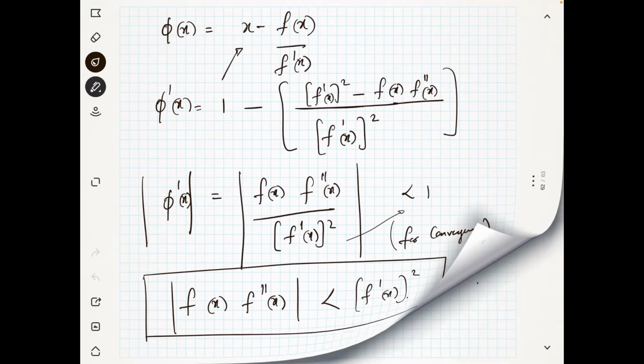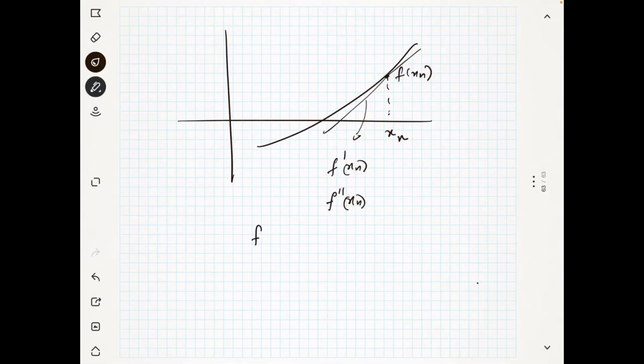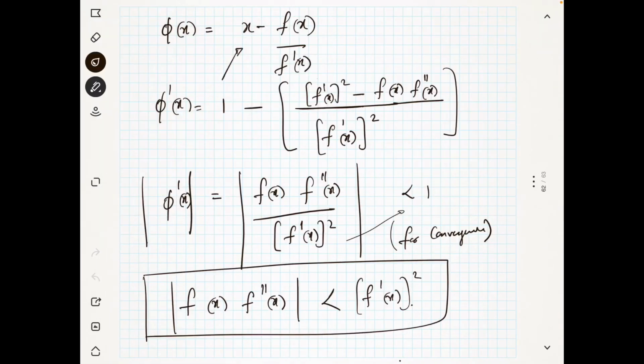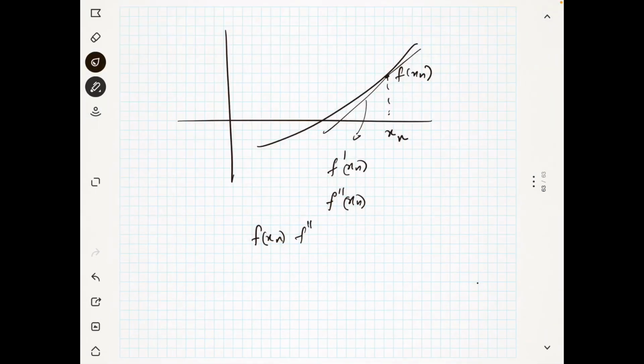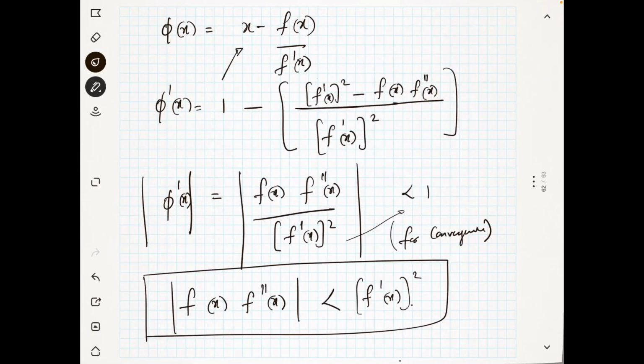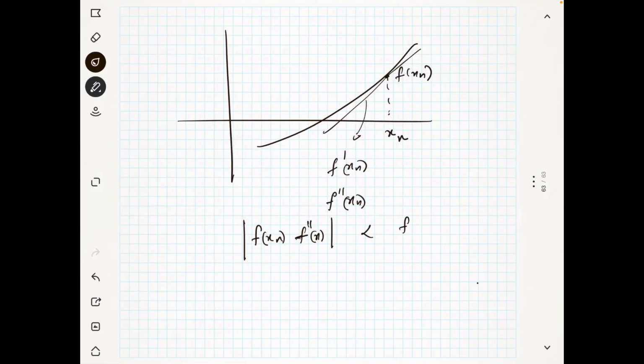Okay, now what you will do, you will check, you will multiply this f of xn with what? f double dash of xn, then you will take the magnitude of this. If this is less than f dash of xn, then you will take the magnitude of this square, then you will take the magnitude of this.